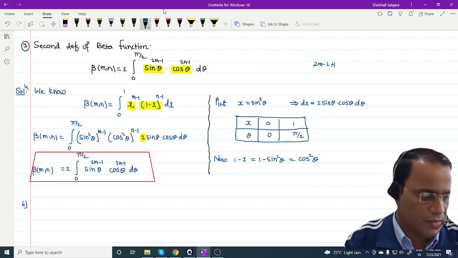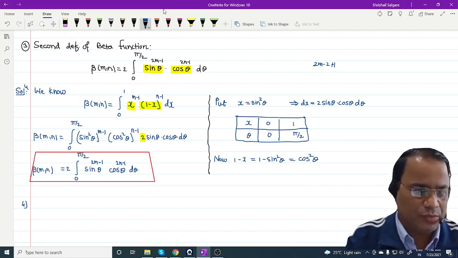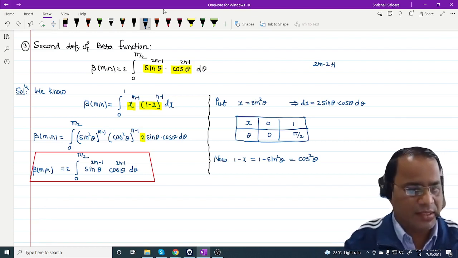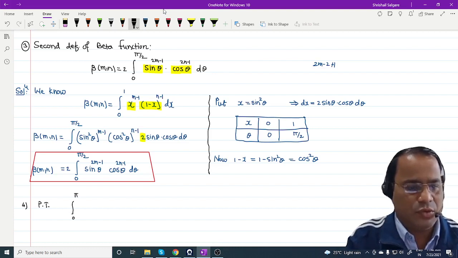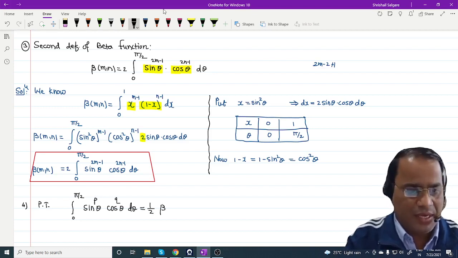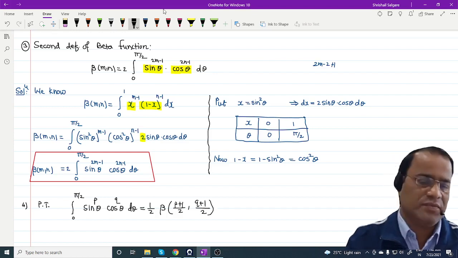Suppose the integral from 0 to pi by 2 of sin theta raised to some power p, cos theta raised to some power q, d theta, is given as 1 by 2 beta of (p plus 1) divided by 2, that is the first parameter, and beta of (q plus 1) divided by 2.